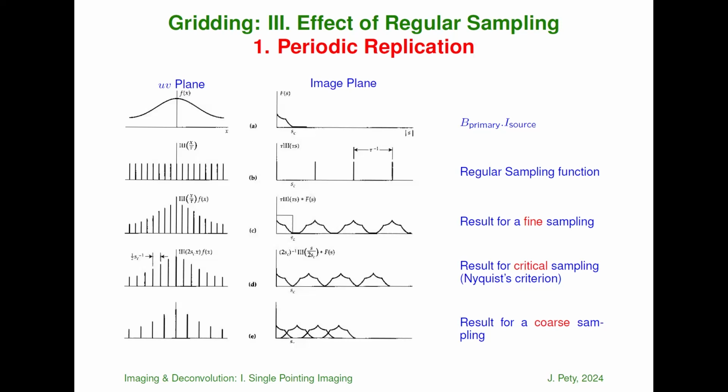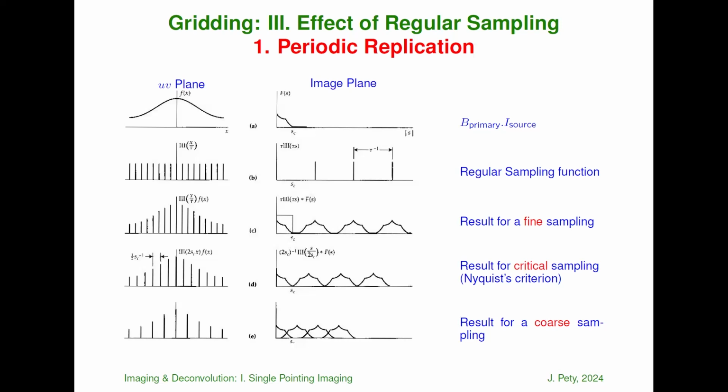And now let's increase the distance between the teeth of your comb in the UV plane. This will, for one of the properties, if you're dilating the UV plane in this direction, you will contract the image plane. And by doing this, the replicants will go closer together.